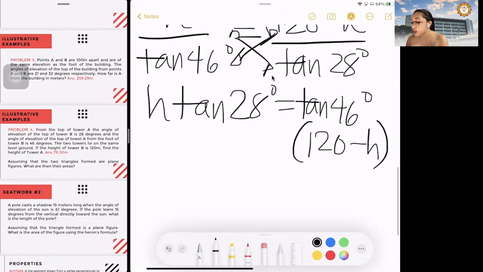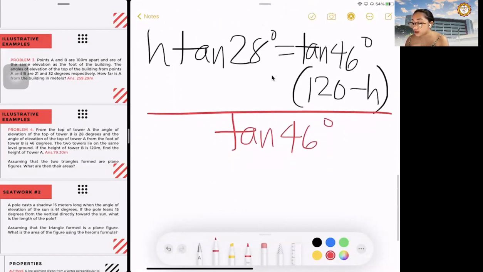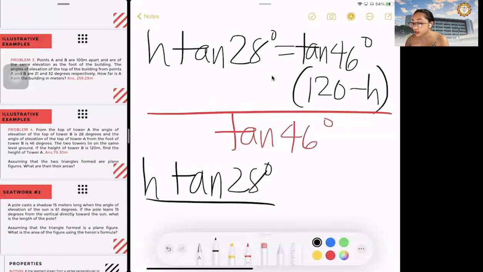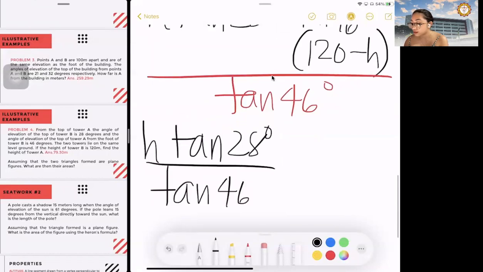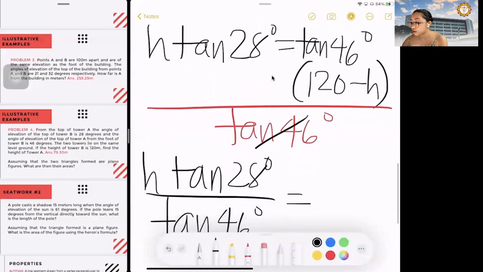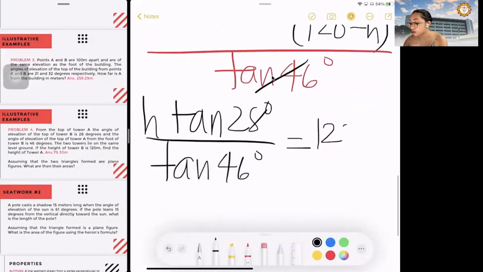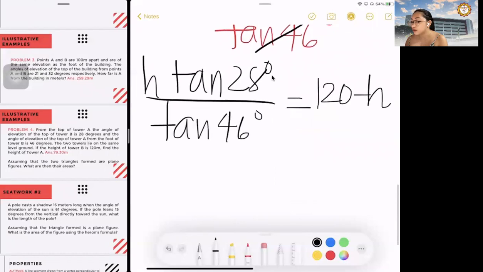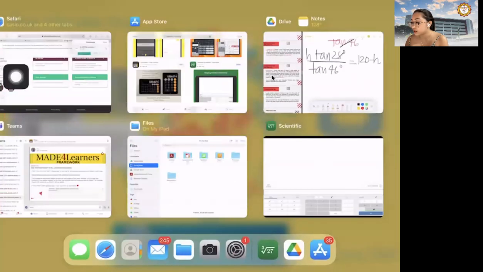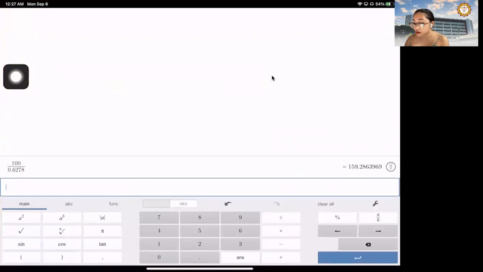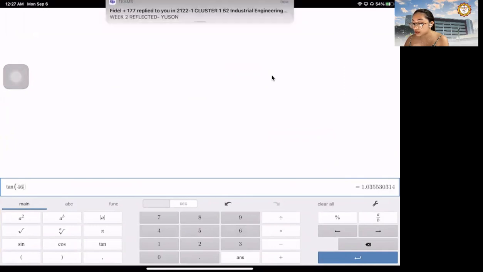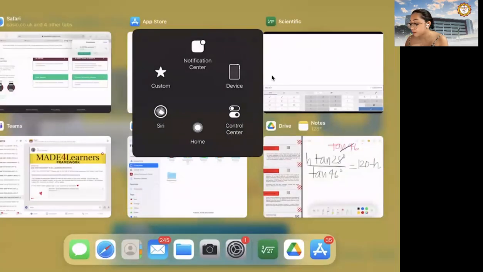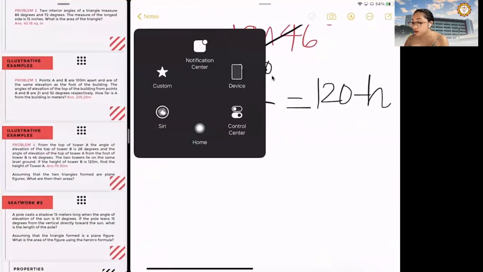We can actually divide both sides by tangent of 46. So that is now h is equal to tangent of 28 over tangent of 46 equals, so tangent of 46 cancelled there. That's now 120 minus h. So therefore, we can compute that using calculator. Tangent of 28, oh sorry, my memory.